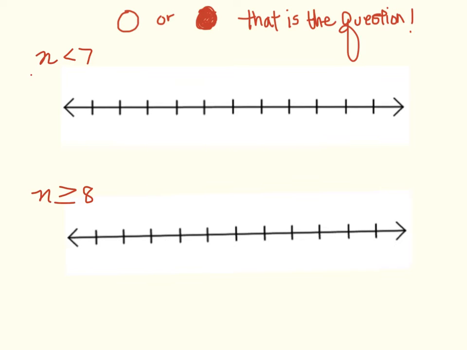So we're going to place 7 on our number line, and we have to think ahead. We know that n has to be less than 7, so we want to make sure that 7 is on our number line in a place where the other values are also there and very easy to see.